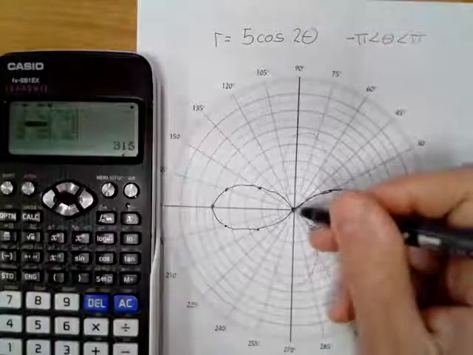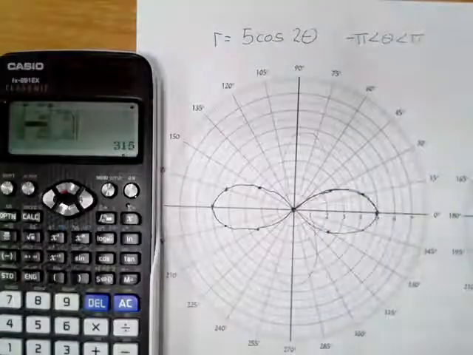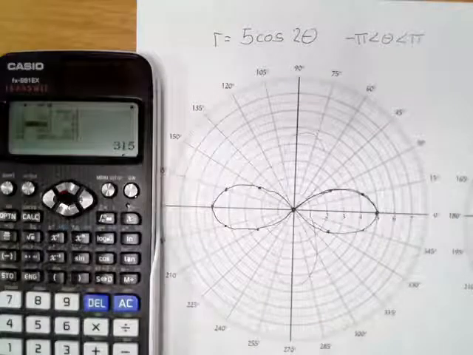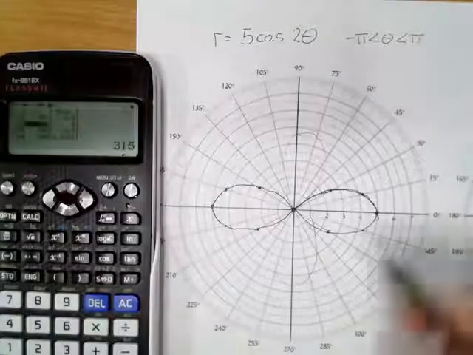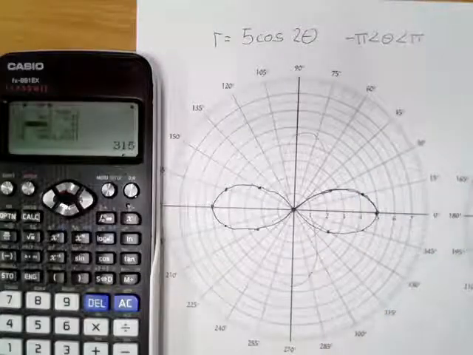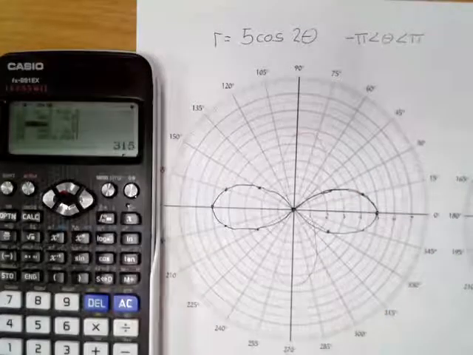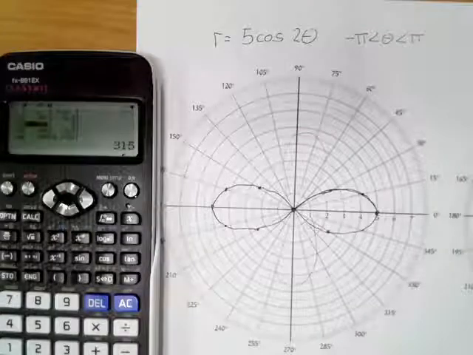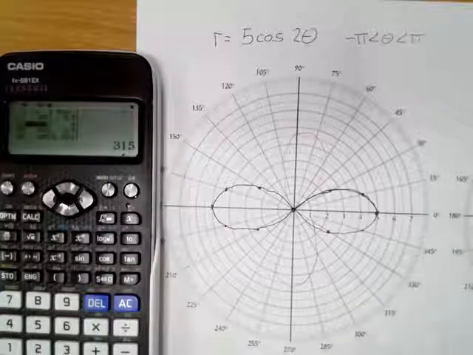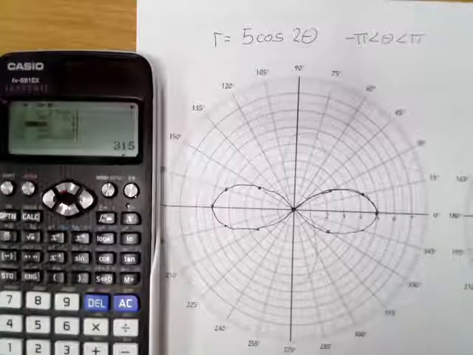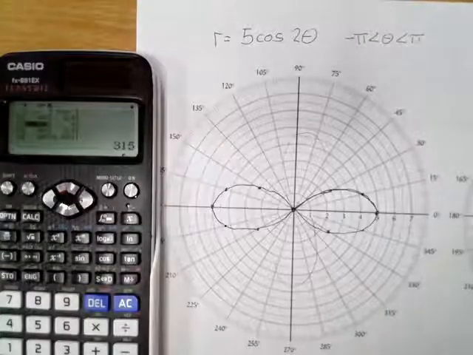If you were on a journey from the origin, and on your journey you don't cross over the curve, then you're in a dead zone, and that means the r value would have been negative for that value of theta. I hope that's clear. The second important point is to do with tangents at the origin.